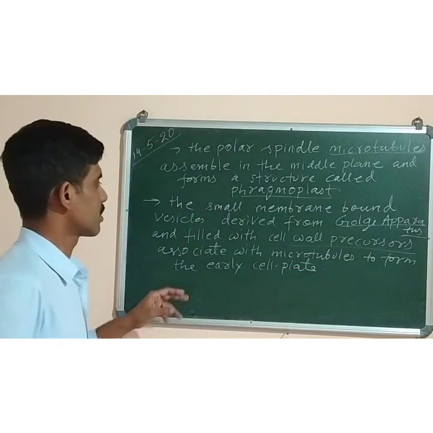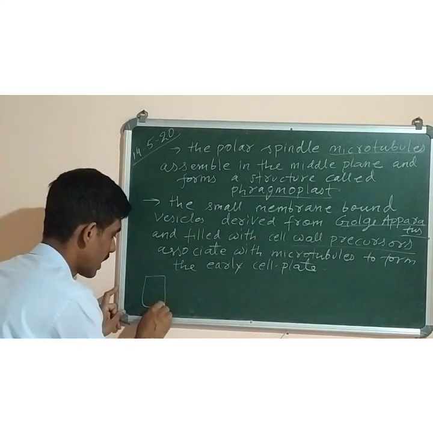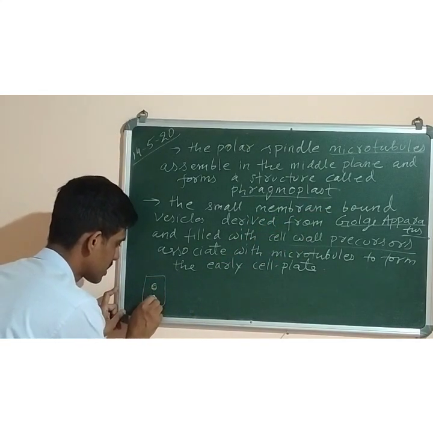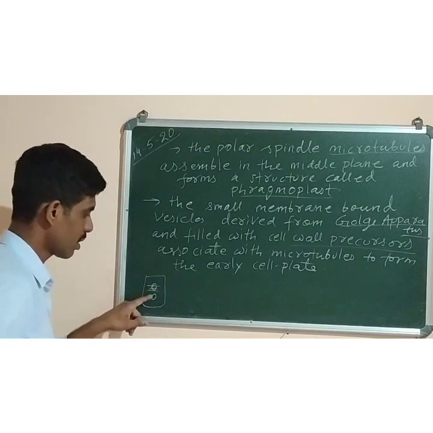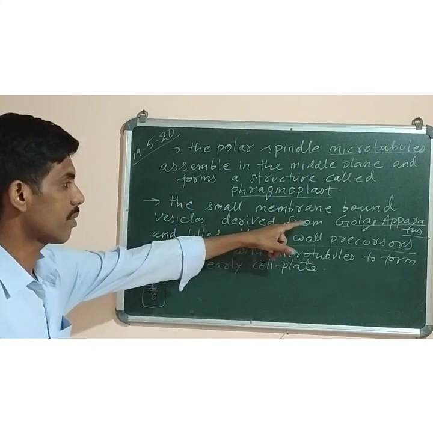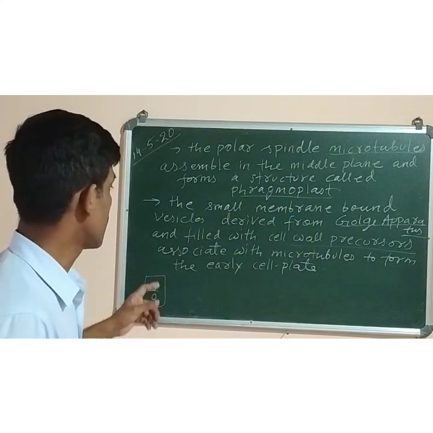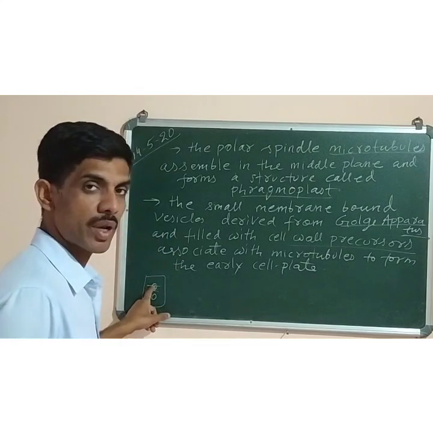Okay, so small membrane-bound vesicles, I had already shown you in the diagram also. The membrane-bound vesicles are drawn like this and like this here. From where they are obtained? They are obtained from Golgi apparatus. What is Golgi apparatus? It is the name of the cell organelle, and it is filled with these membrane-bound vesicles.